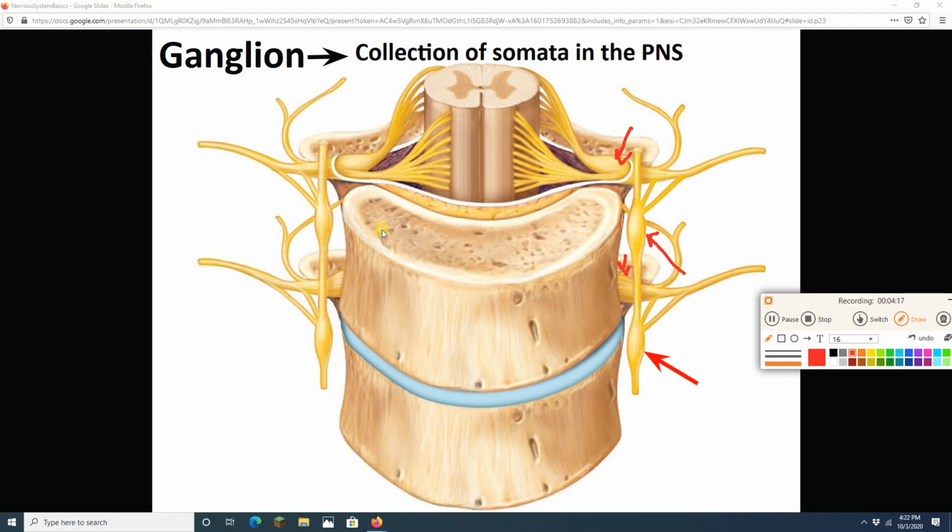There's 4 there, another 4 over there. Each of those swellings is called a ganglion. And that is a collection of somata, in other words, neuron cell bodies, but in the peripheral nervous system. By the way, the plural for ganglion, if you want to say there are 8 in this picture, you would say there are 8 ganglia.